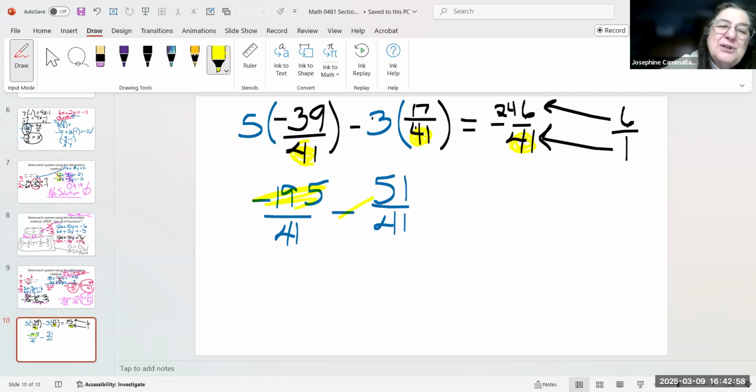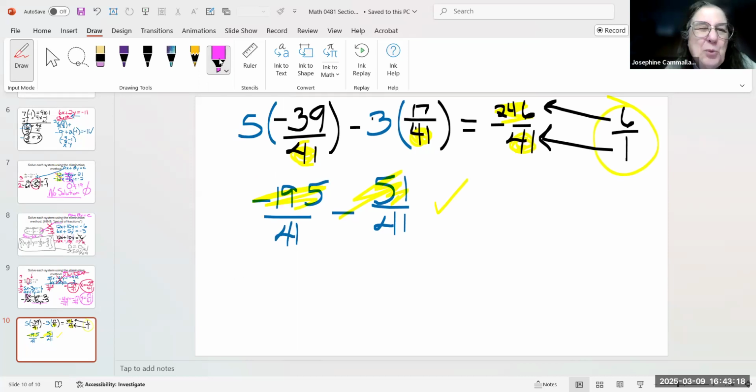What do these 2 numbers equal? That checks. That's why I made this negative 6 an improper fraction.